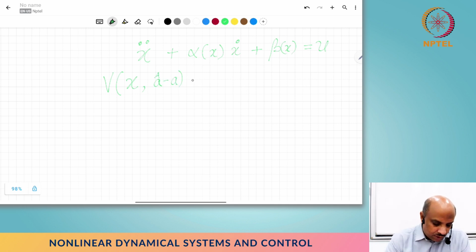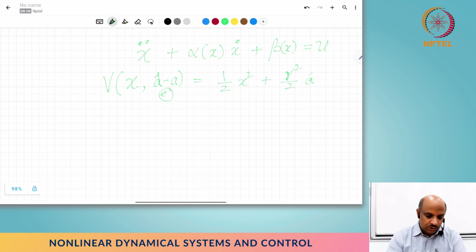Okay, let's call that e_a. So V equals half x square plus some gamma square over 2 times a hat minus a, and somehow we need to use u and a hat dot to show that this entire system is going to be bounded, x going to 0 and things like that.